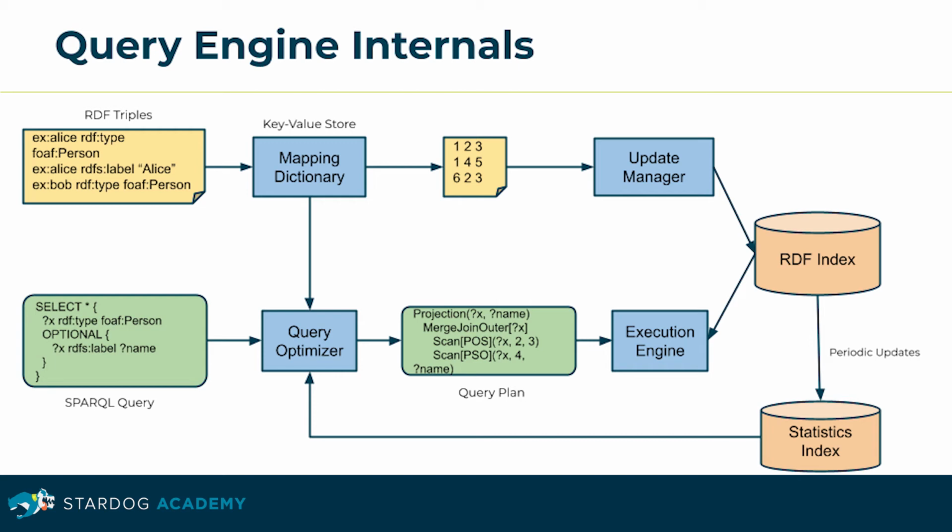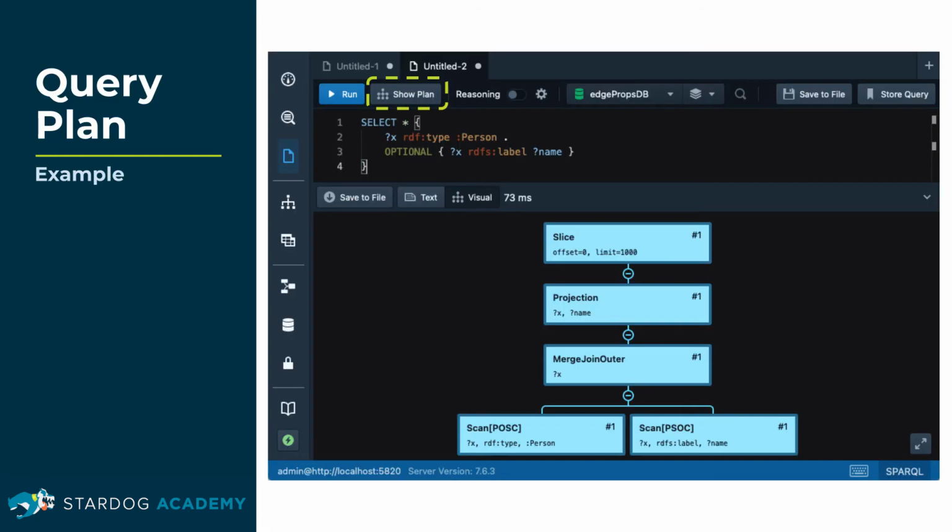When a query comes in, the query optimizer will pull in the mapping dictionary and those statistics to create a query plan. Once that query plan is generated, the execution engine will use it, using those nodes, performing scans, performing the algorithms like merge and projection, until ultimately producing a result of solutions that will get sent back to the client. Now, the query plan is something that you can get out of Stardog.